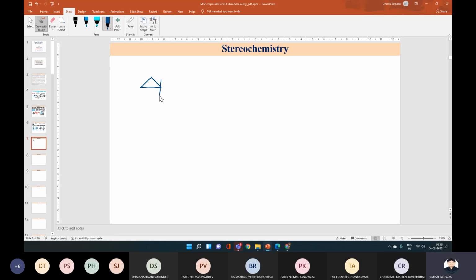There are two chiral centers, one hydrogen, one Br, and here there is a CH group and CH2. This is one chiral center, this is the second. My question is, is this molecule optically active? The chiral centers are two.